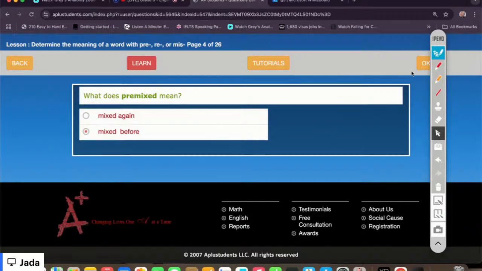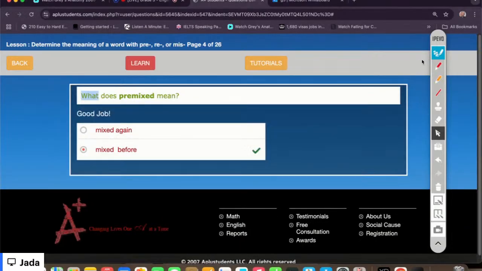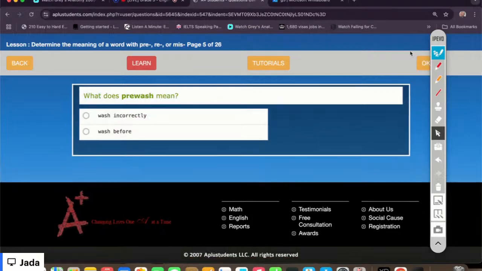Okay, so we have mixed before. Then what does pre-wash mean?